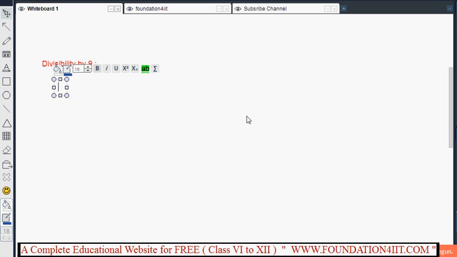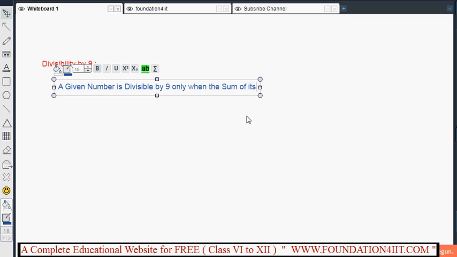So for 9, the rule is the same as for 3. A given number is divisible by 9 only when the sum of its digits is divisible by 9.